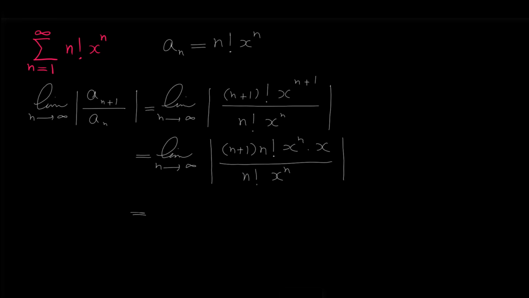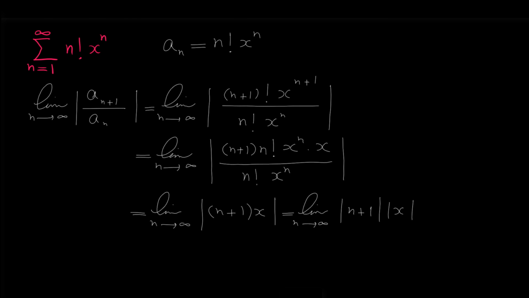And so we get to this. The limit as n approaches infinity of n plus 1 times x. We can write this limit as the limit as n approaches infinity of the absolute of n plus 1 times the absolute of x.